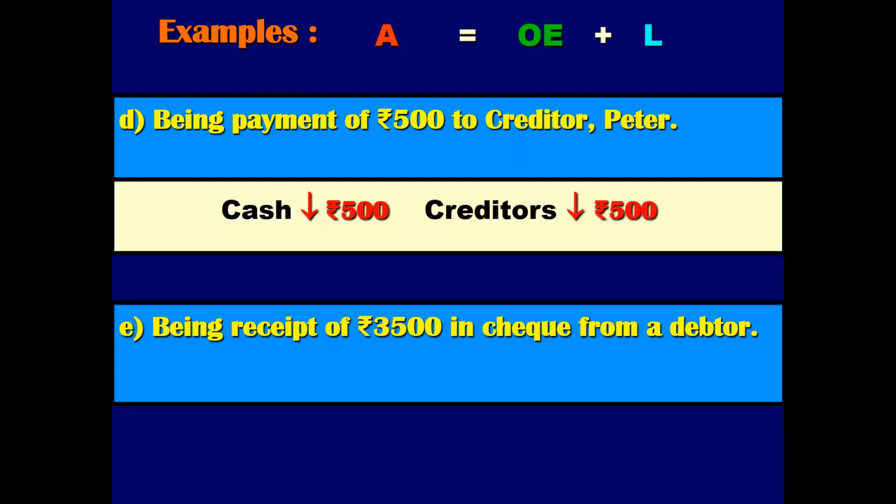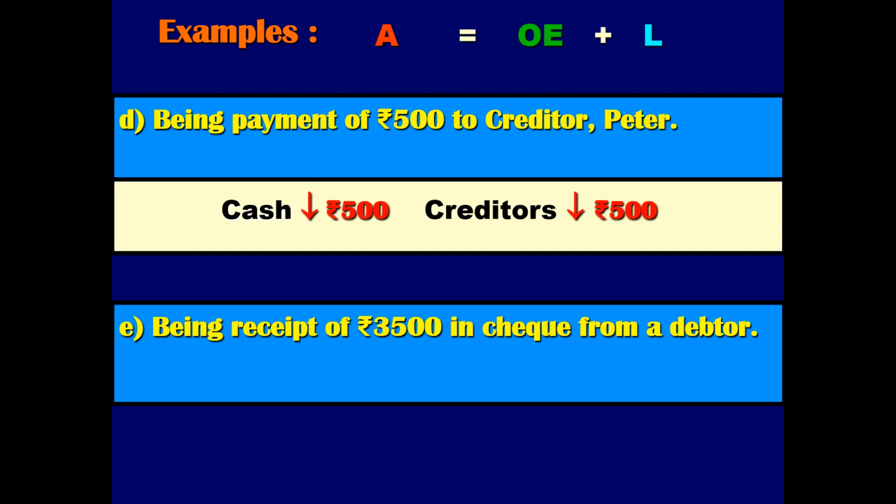Some customers you are dealing with in credit, after 6 months those people are going to give money to you. Those people who are going to pay money to the business are called debtors.